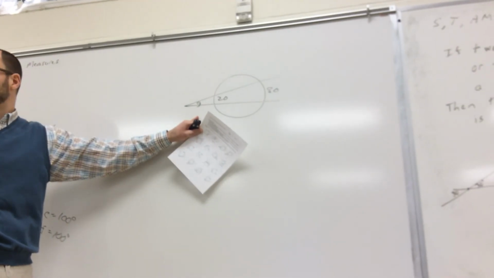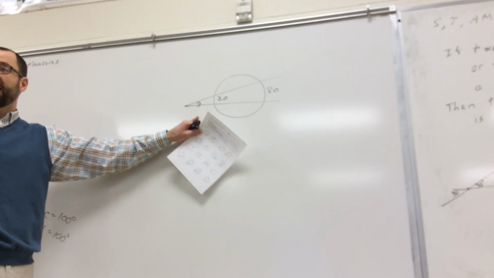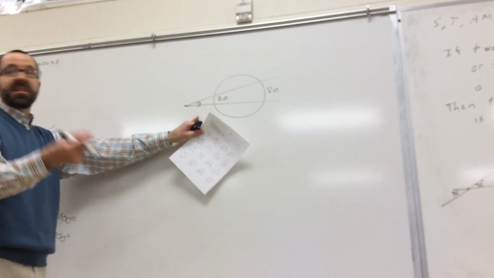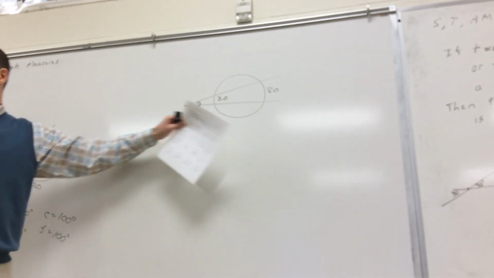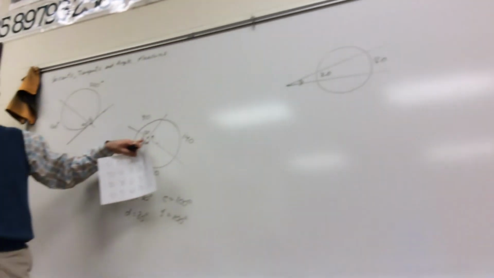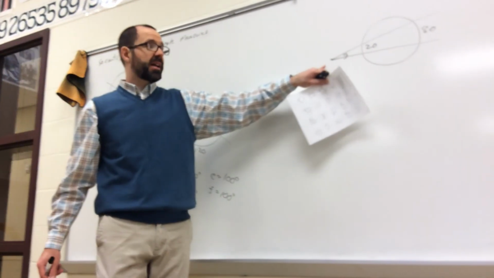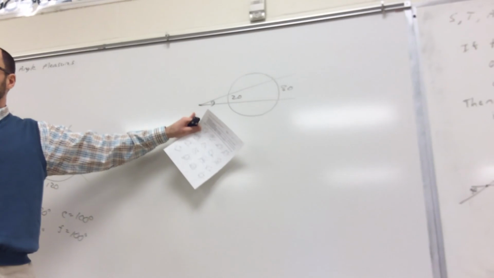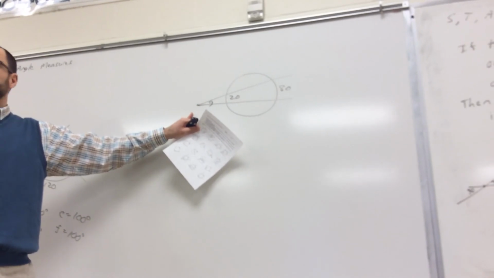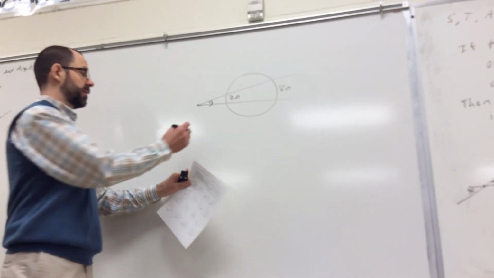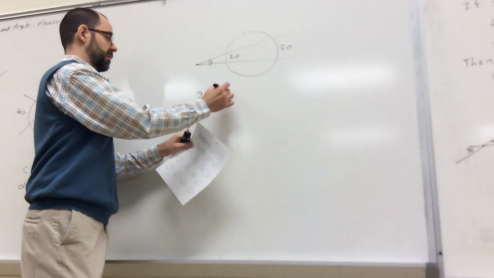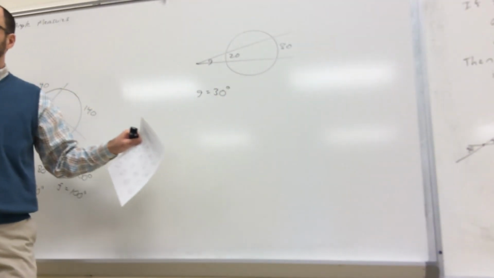Should we add or should we subtract? Subtract because the intersection point is outside the circle. So in this one we added because the intersection point was inside the circle. Here we're going to subtract. So you take 80 minus 20, that's 60, and then you divide by 2. So G is 30.